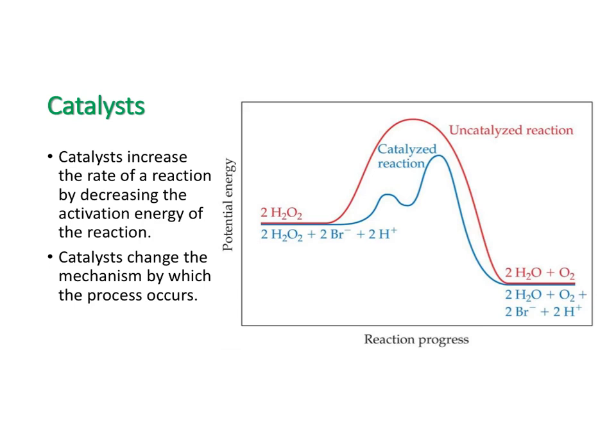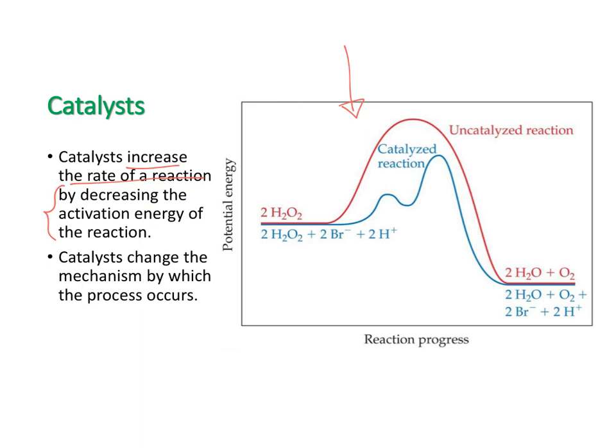So catalysts, we briefly spoke about them and how they increase the rate of the reaction. So they make the reaction go faster. But how do they do this? Now that we've learned about activation energy, we can actually show an activation energy diagram and how a catalyzed reaction brings the activation energy down.